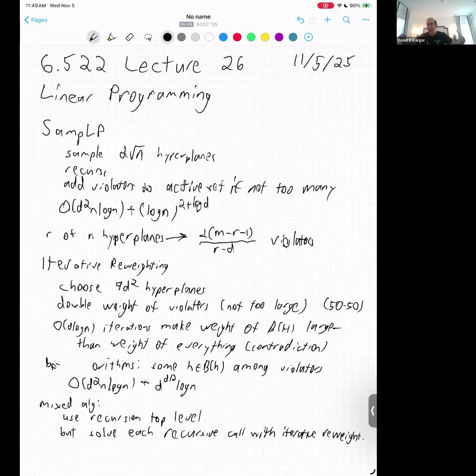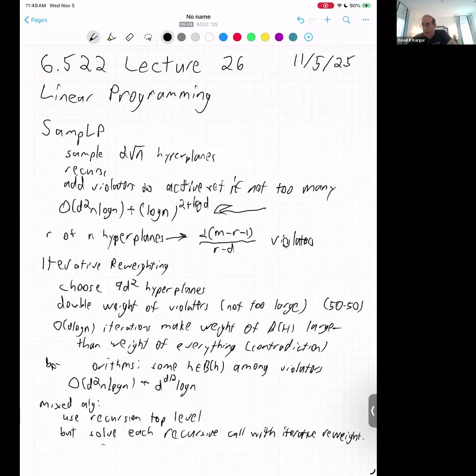We solve the root n hyperplanes using the iterative reweighting algorithm, which is not recursive. So it's only a depth 2 tree, or depth 3 if you consider the constant size problems that are solved by iterative reweighting. So the second term of the recursion up here goes away, right? We just have the d squared, we just have the work at the root, and then the work of the iterated sampling.